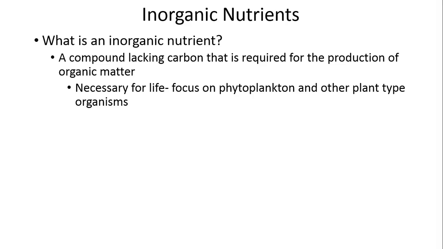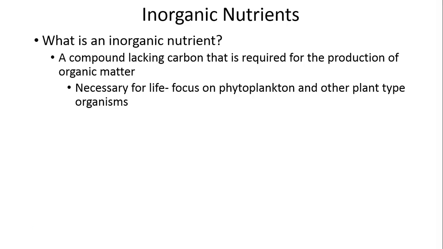There are also very important elements that are inorganic nutrients that are in our ocean. What we call an inorganic nutrient is something that does not contain carbon, but is required for the production of organic matter. So, in other words, it's necessary for living things in order for them to live.